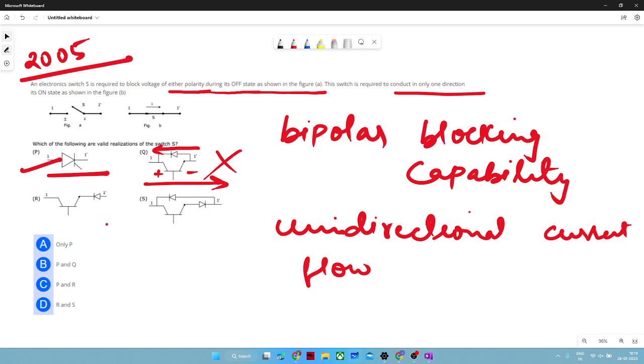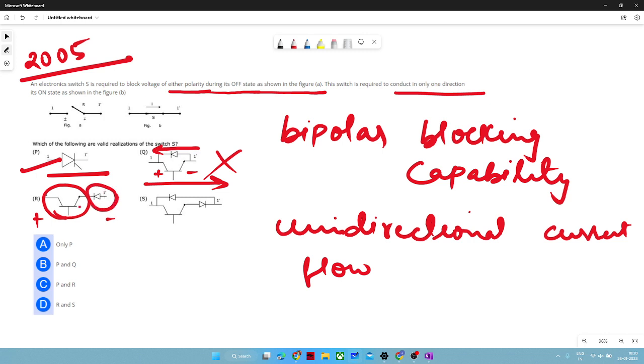Now the third option has an IGBT or BJT in series with an inverted diode. So what does it say? Let's assume positive polarity across all these devices. If we assume this kind of polarity, then this IGBT will block it, and this diode will also block it.